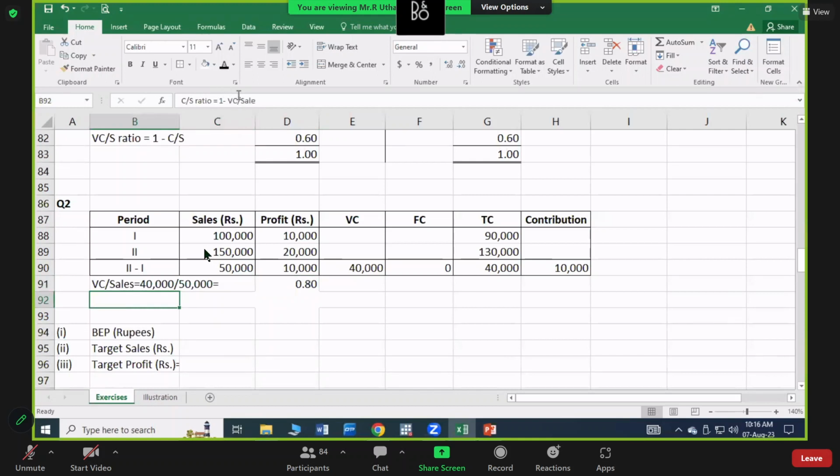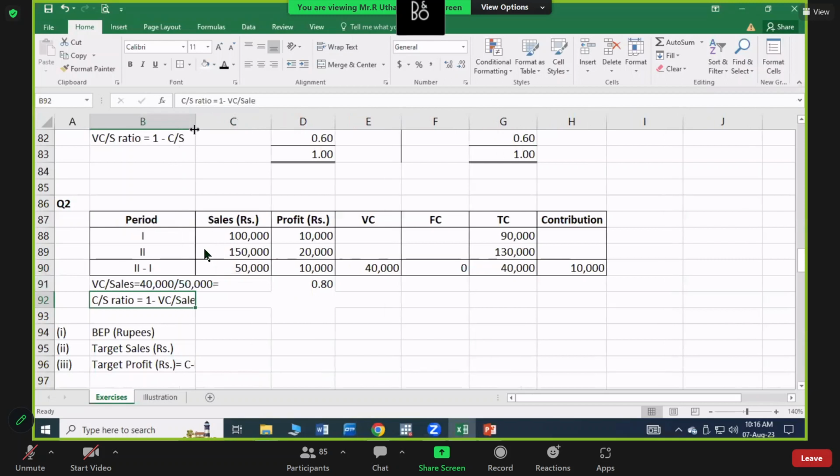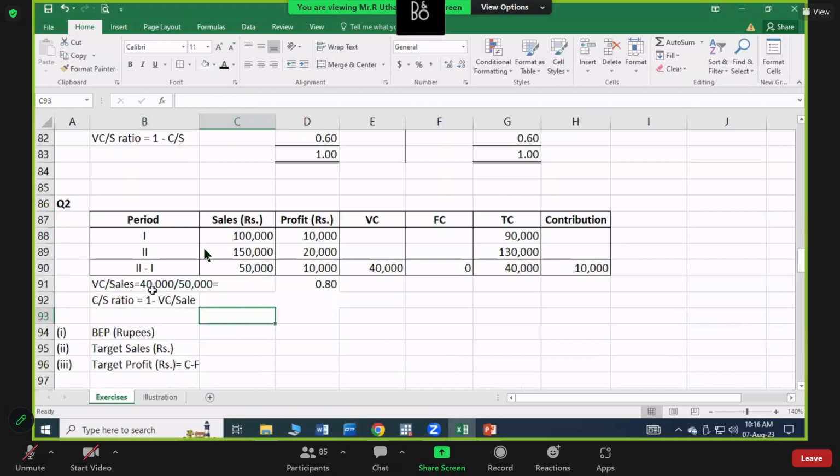So the 1 minus VC sales ratio is taken. One minus this VC sales ratio, that is 1 minus 0.8 is equal.